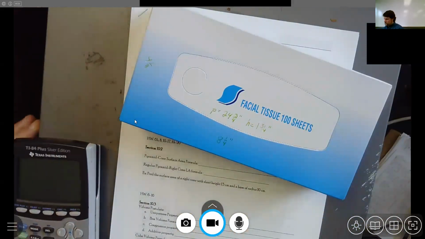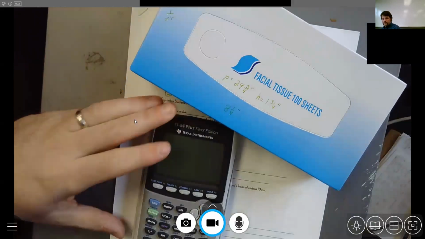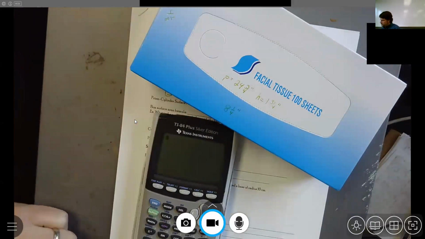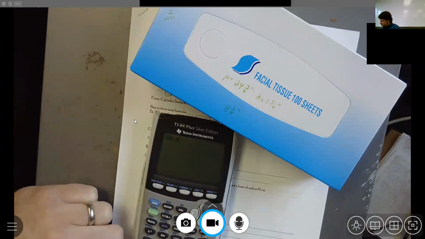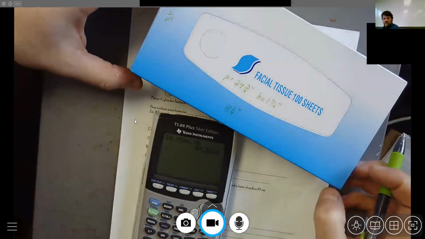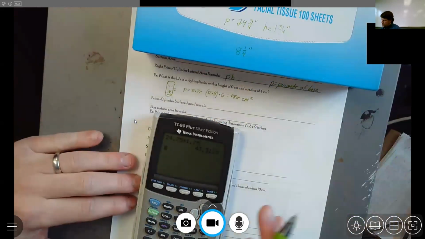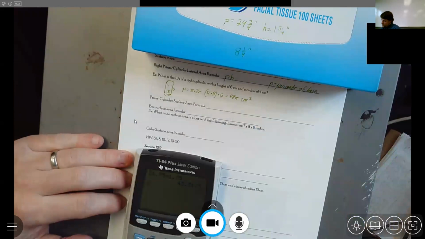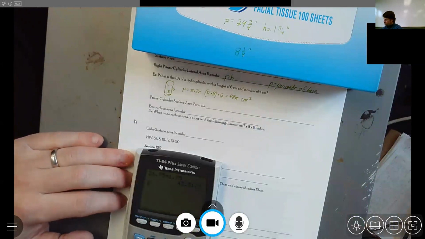Okay, so we'll do that here. 24.75 times 1.75 gives me 43.3125. So that would be the lateral area of this Kleenex box. Hopefully that's what you would get too.